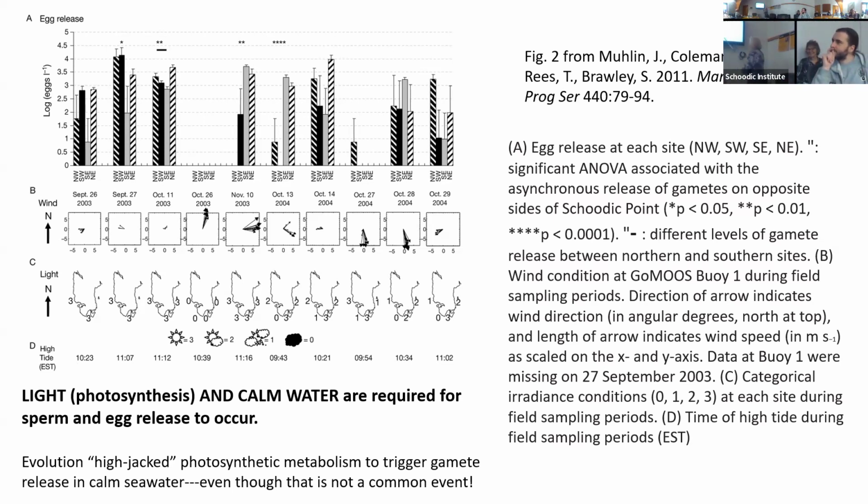But we got some great data, and again, time is limiting. So I just want to make the point that light, photosynthesis, and calm water are required for the sperm and egg release to occur. I'm going to ask you to focus on a few different places.